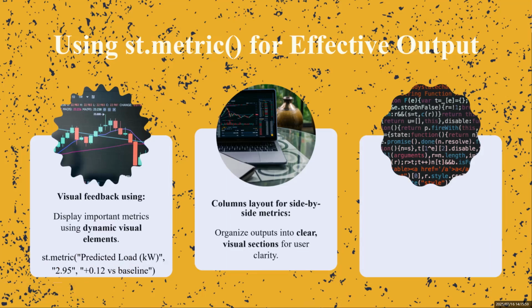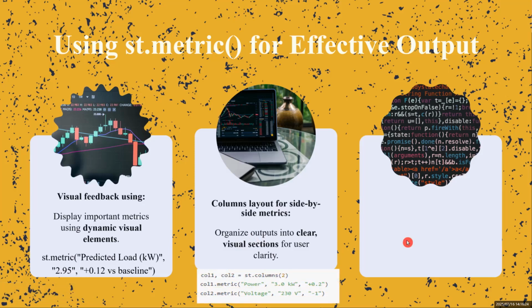Now we have the column layout for side-by-side metrics. I remember explaining this in day 7 and how we implemented it on Streamlit, where we have two columns on our dashboard. These metrics help to organize output into clear visual sections for user clarity.